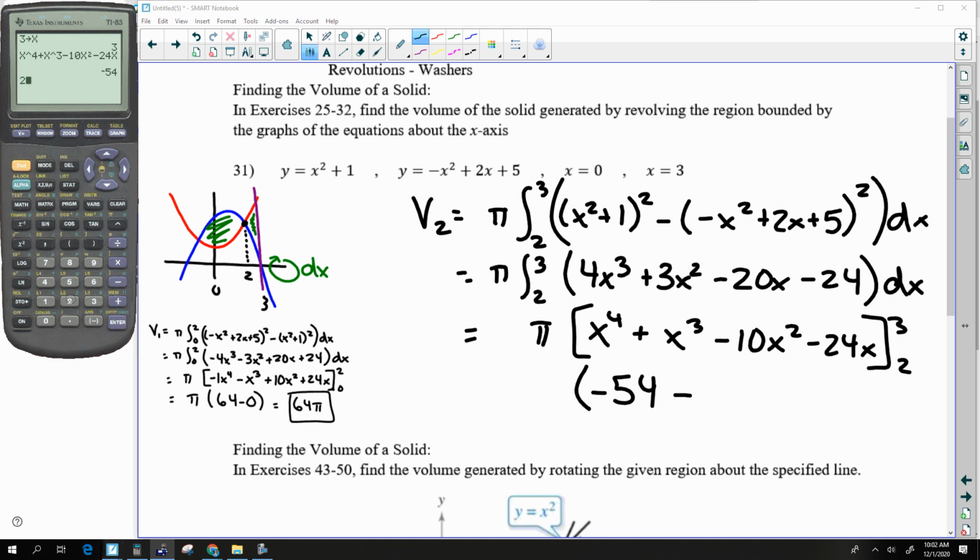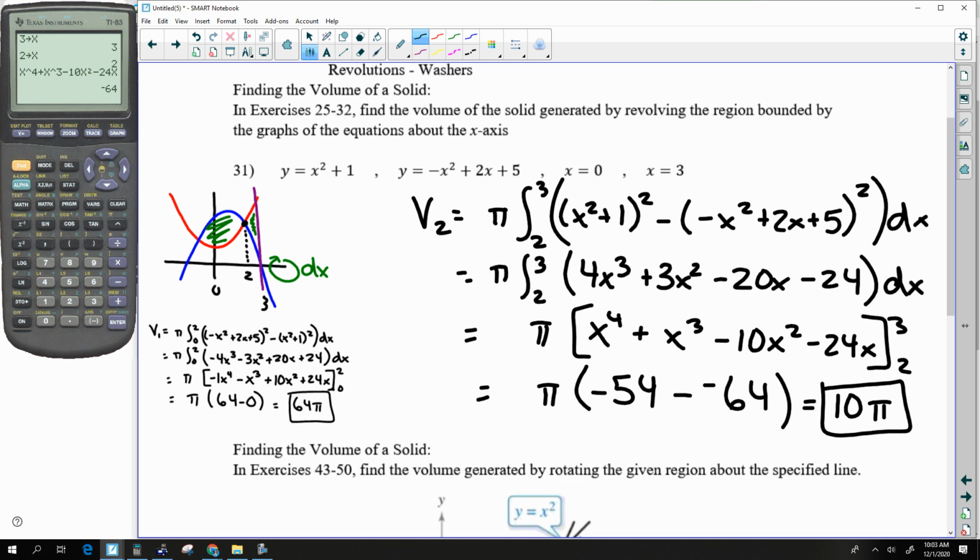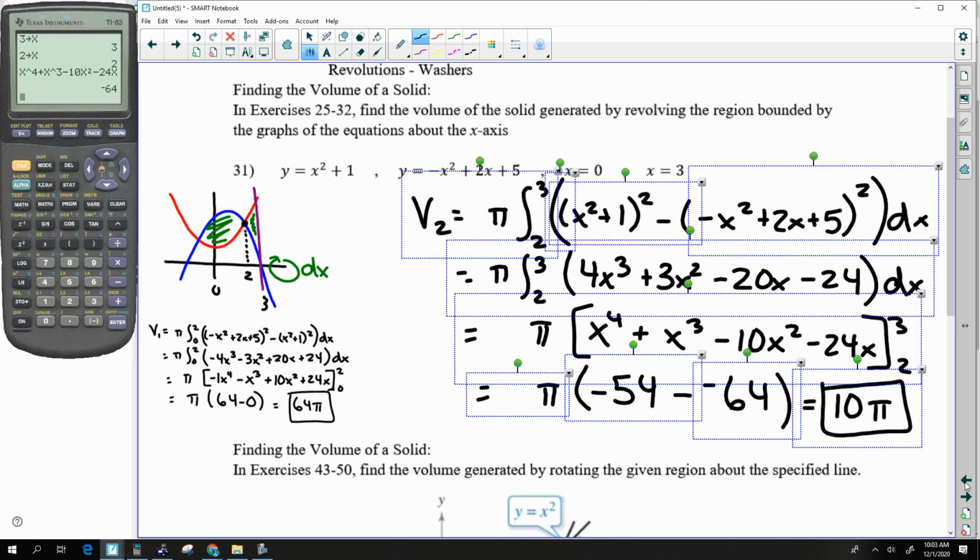And then 2. Okay, and so that is the volume of that sliver that is on the right-hand side from the 2 to the 3.